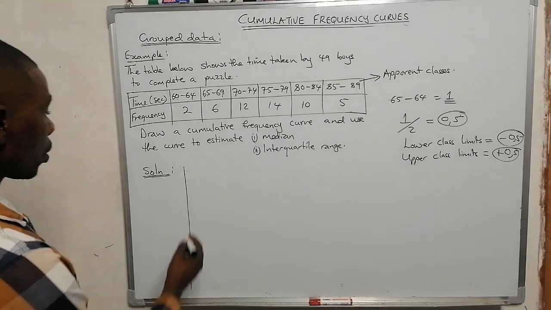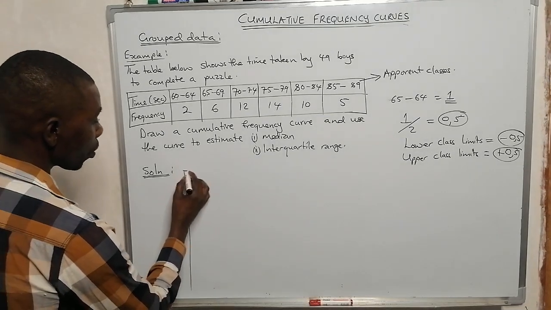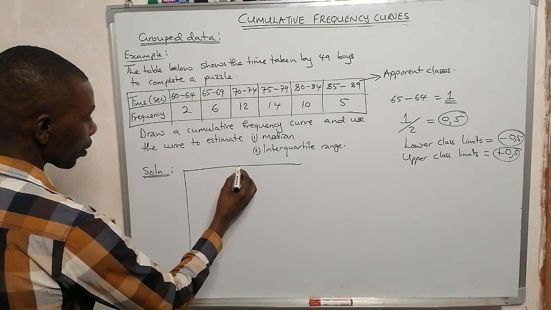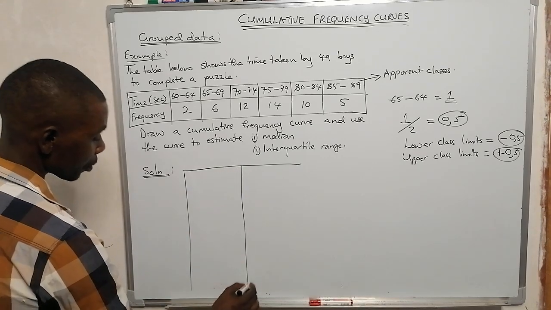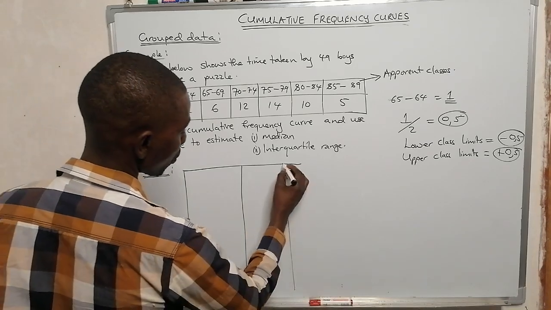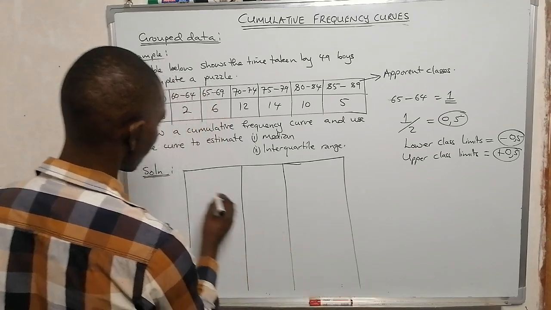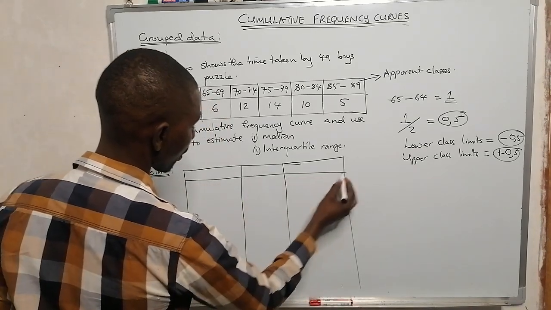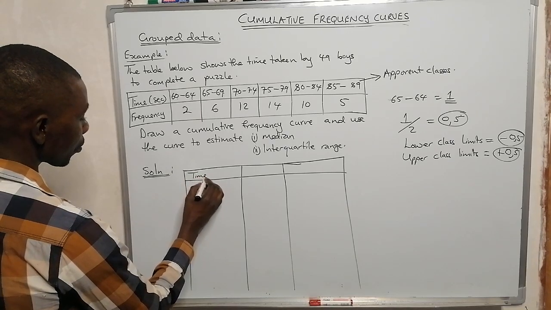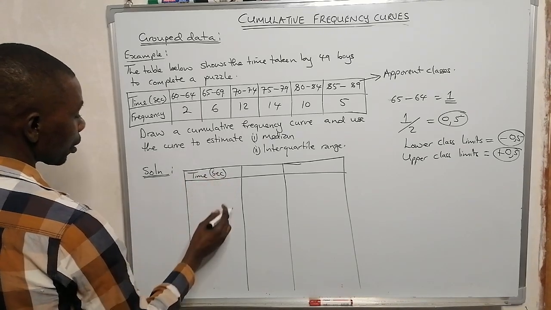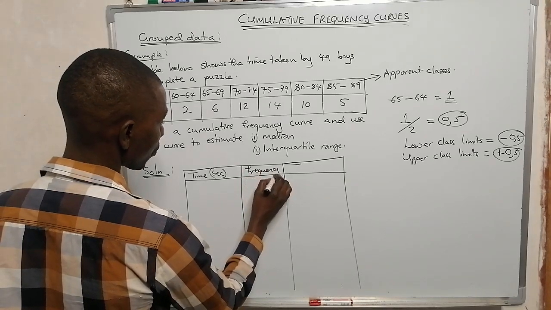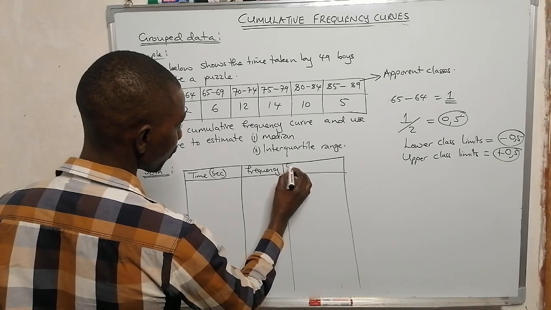Right, so our table now, then we have our frequencies. Then we want to construct cumulative frequencies. So in this case, we have time in seconds, then our frequency, then we also have cumulative frequencies.